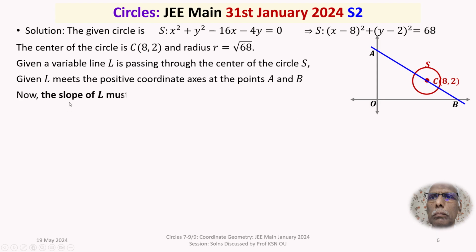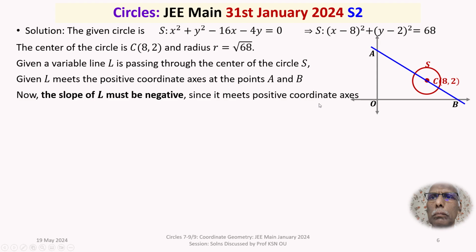Agreed. Now, the slope of this line L must be negative. Why? Because it is like this, and always it will be like this only. The angle that this line is making with the positive direction of the x-axis will be obtuse, and thereby tan of that will be negative.